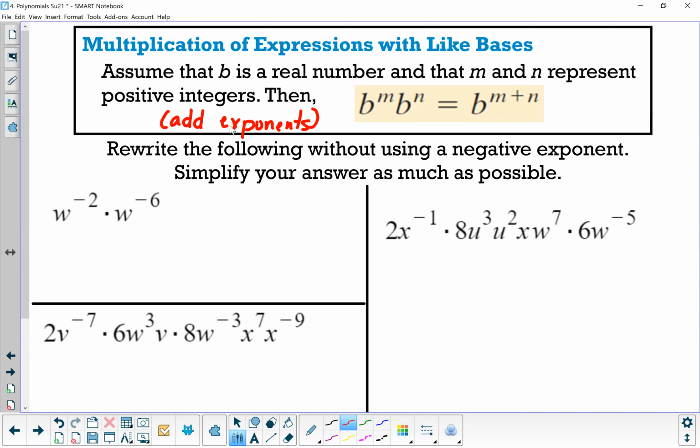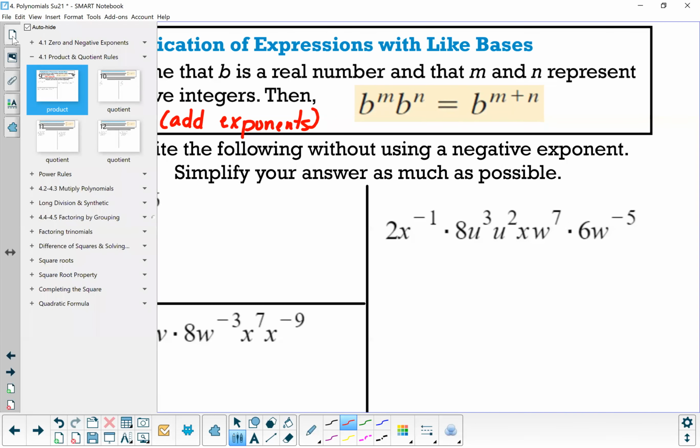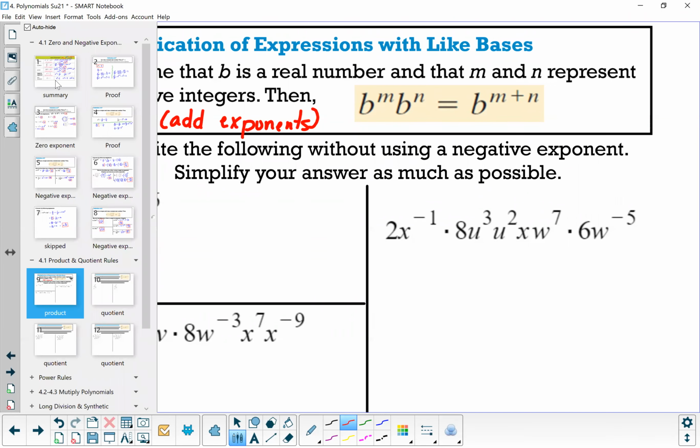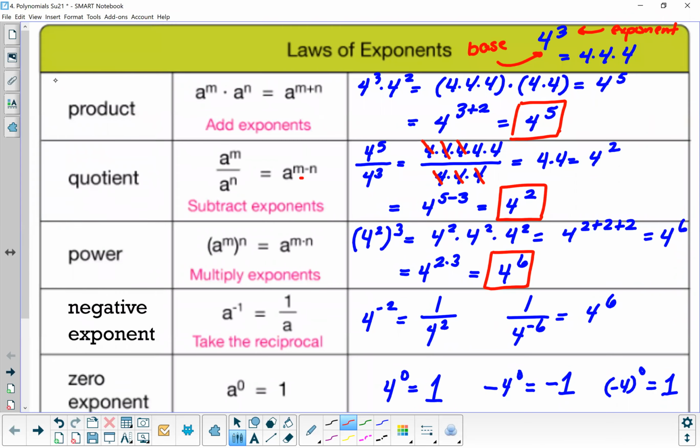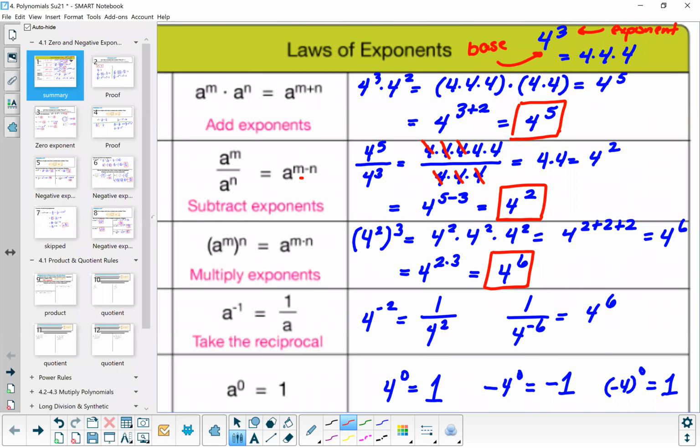Remember that is for when you are multiplying. It is a shortcut, right? We went through why that is the case in this chart here. It is a shortcut for simplifying when you're multiplying. You can add your exponents. Okay, so refer back to your chart when you need to.